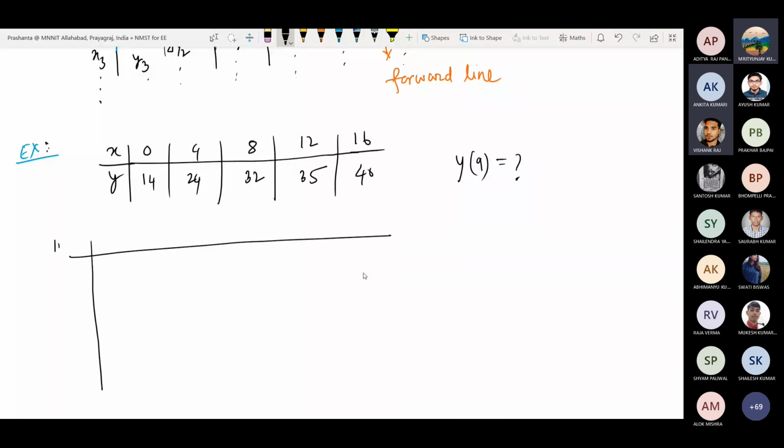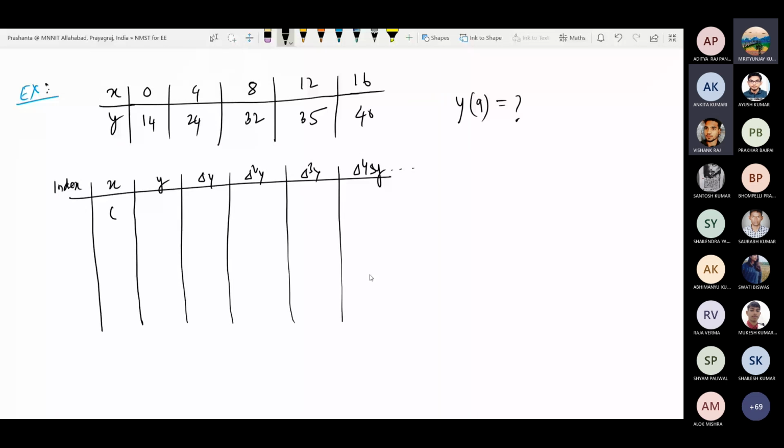So this is the index. This is x values. This is y values. Delta y, del square y, del cube y, del 4 y, and so on. For 5 points, we will have values up to del 4 at most. The x values are 0, 4, 8, 12, 16.